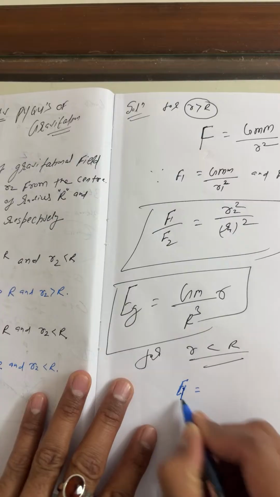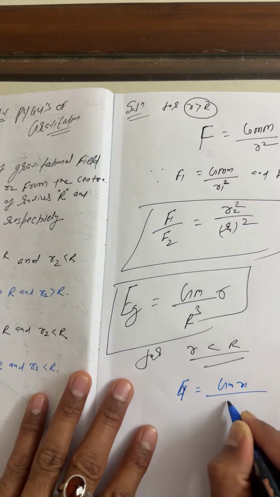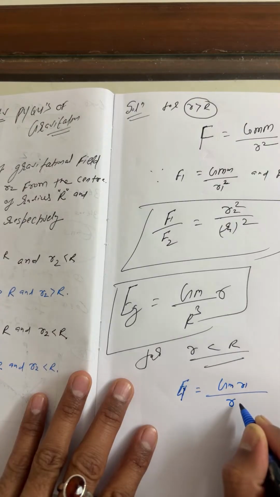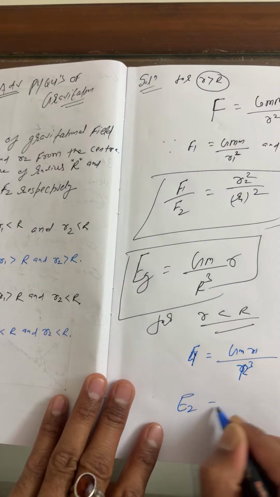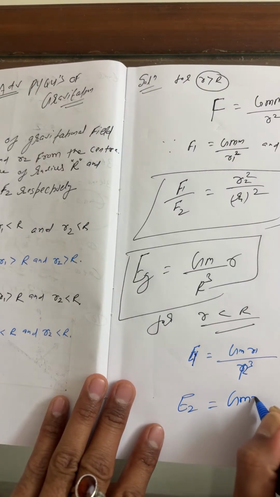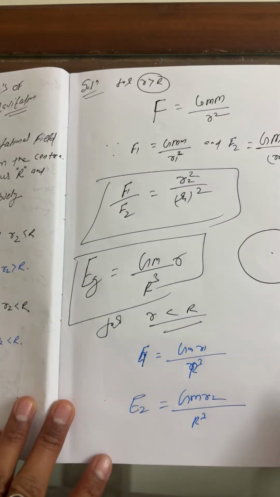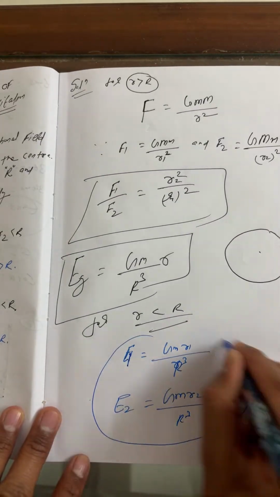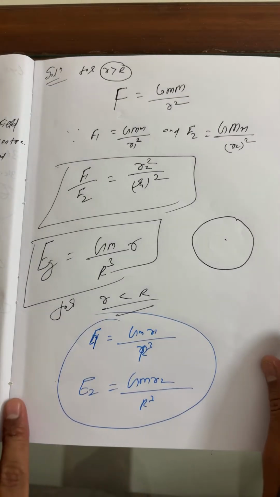For this condition, E1 equals G M r1 upon R cube, and E2 equals G M r2 upon R cube. Just take the ratio of these.